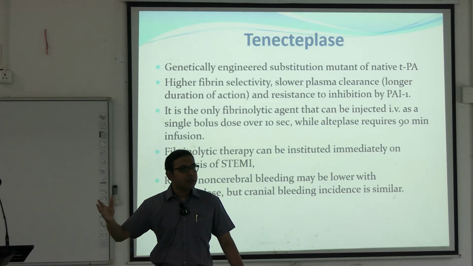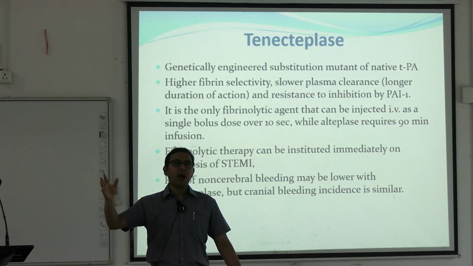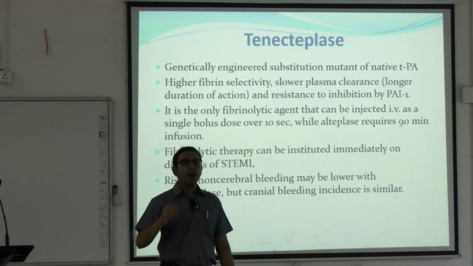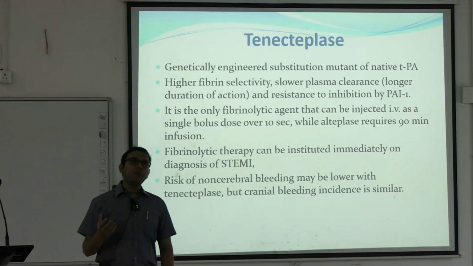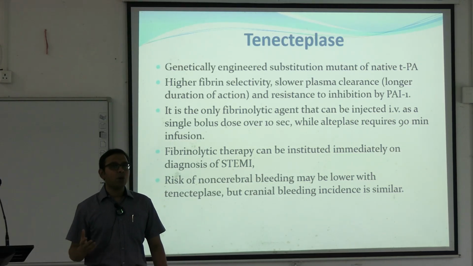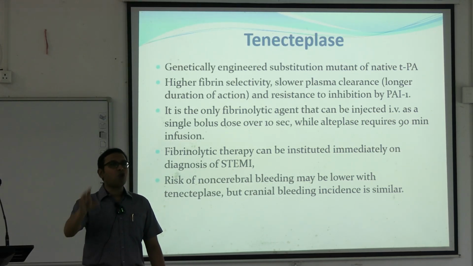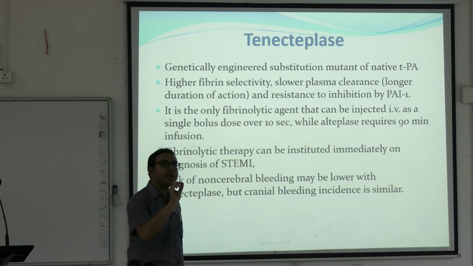If there is a cath lab, we can start with angioplasty, that is percutaneous coronary intervention, PTCA. But in most cases there is no cath lab, so in the emergency we have to thrombolyse or fibrinolyse the patient by means of fibrinolytic agents.